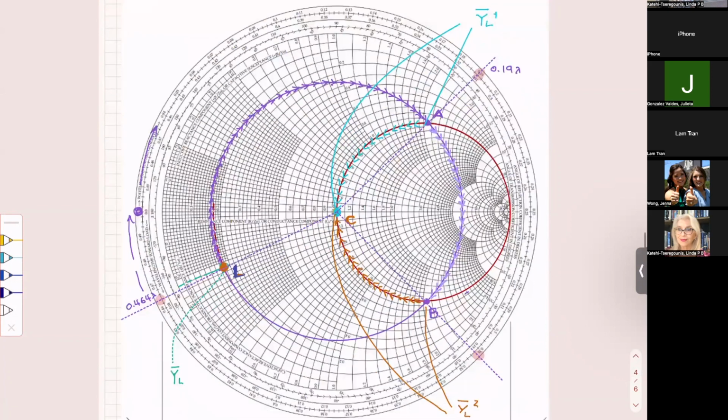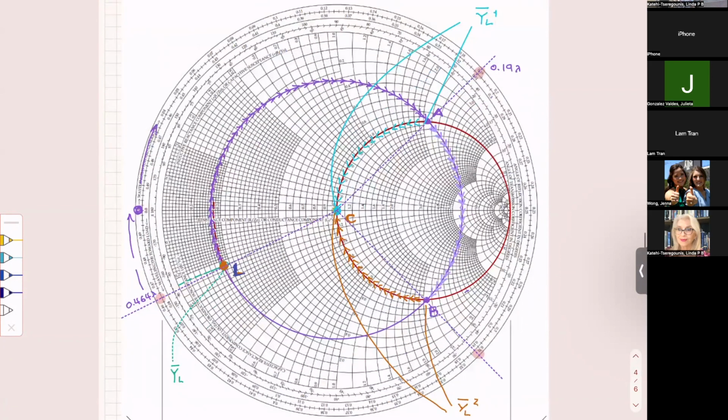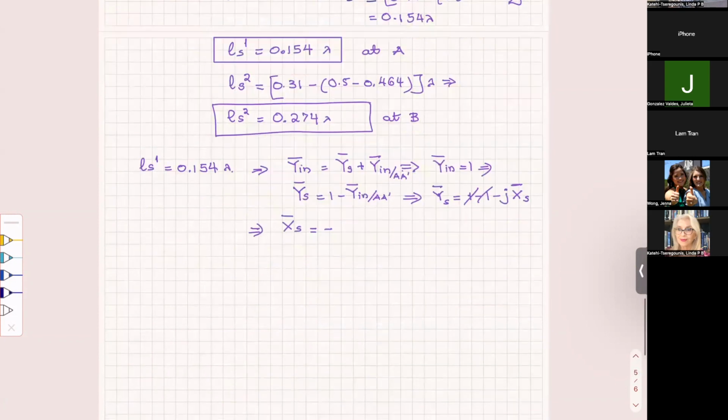So it's going to be minus approximately 2, all right?